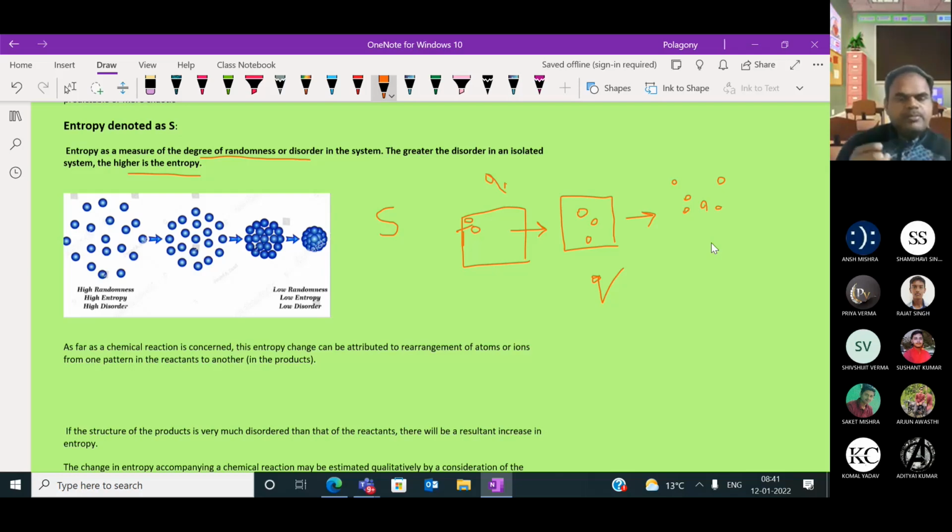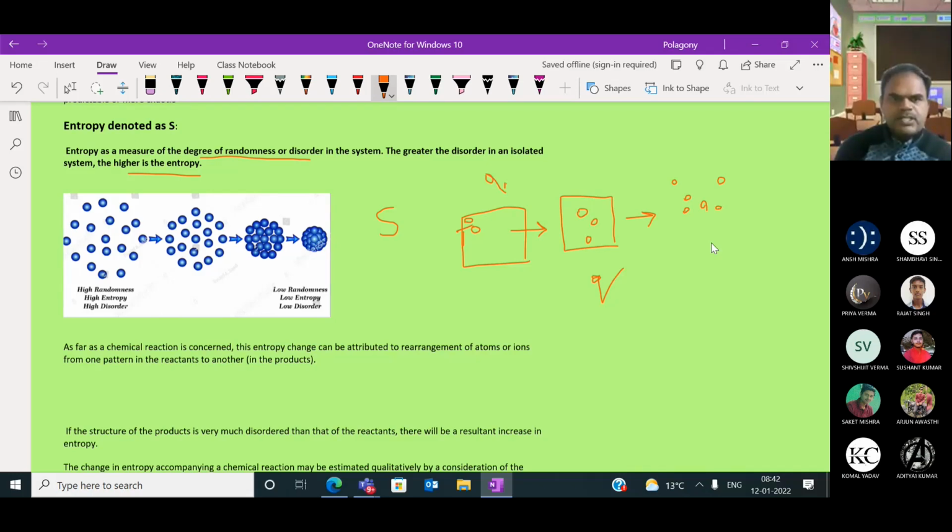See, the entropy of the universe is increasing now. Are you getting my point? The entropy of the universe is increasing, positive. What is the reason? Can anybody tell about the entropy of the universe? The gases are expanding. No, the universe.